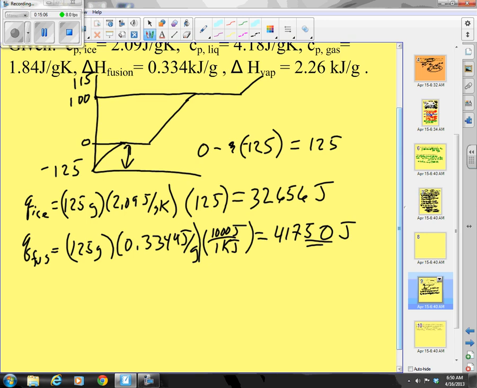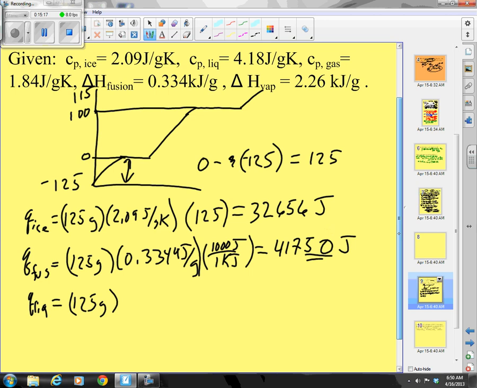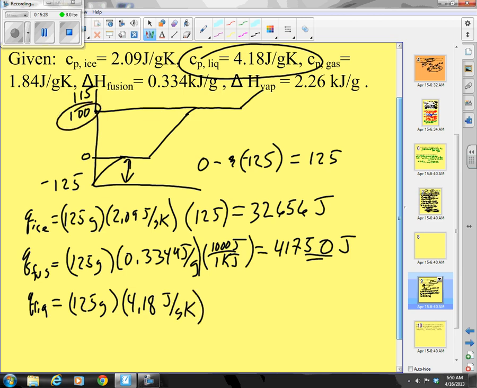Cool. Q liquid. Here we go. 125 grams times what's my C sub P of my liquid? 4.18 joules per gram Kelvin. What's my delta T? I go from 100 to 0, right?